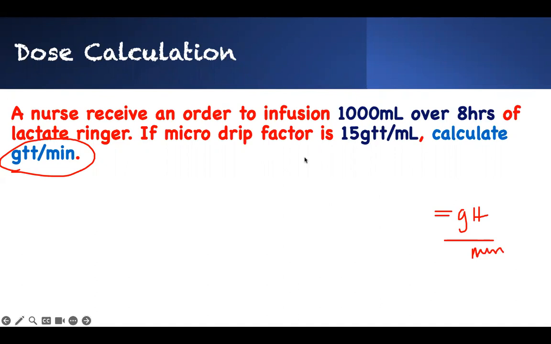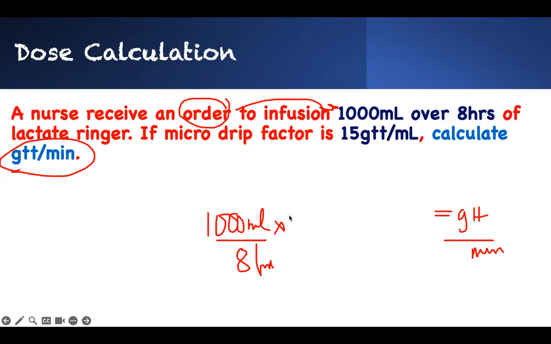And what is the prescription? It said an order, therefore I know this is a prescription. I need 1,000 ml over 8 hours. Then I look at my answer. Is it minutes? Right away, I'm converting to minutes. So I have 1 hour over 60 minutes. That's all.